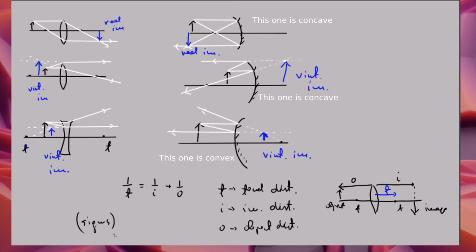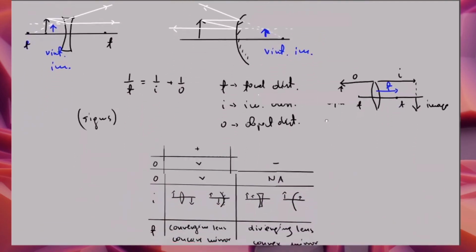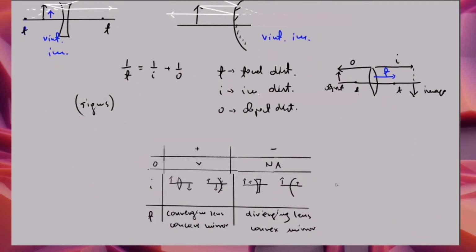I'm going to try to copy that table in here so you can see it. Right, so here's your table for the signs. Just copied it off the equation sheet. So if you have the equation sheet, it's there. Positives, negatives, O is the object distance, I is the image distance, F is the focal length.